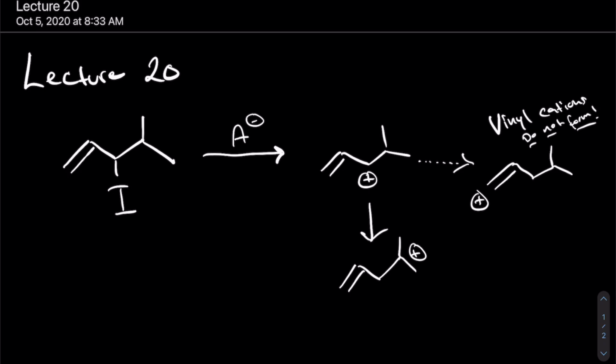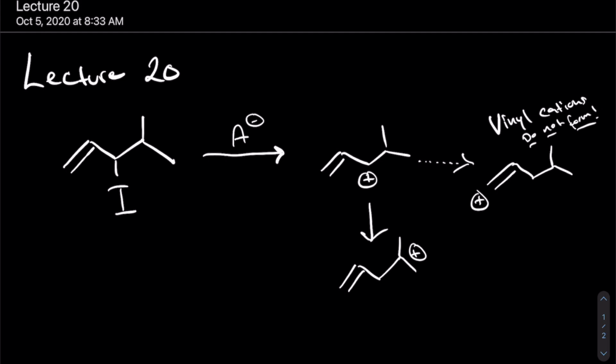In this lecture, we're going to talk about elimination reactions and some of the nuances in elimination chemistry. Like SN1 and SN2, there are elimination reactions called E1 and E2.